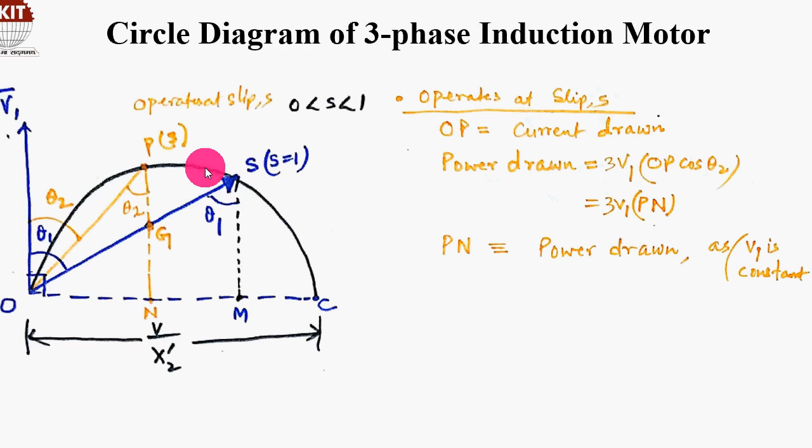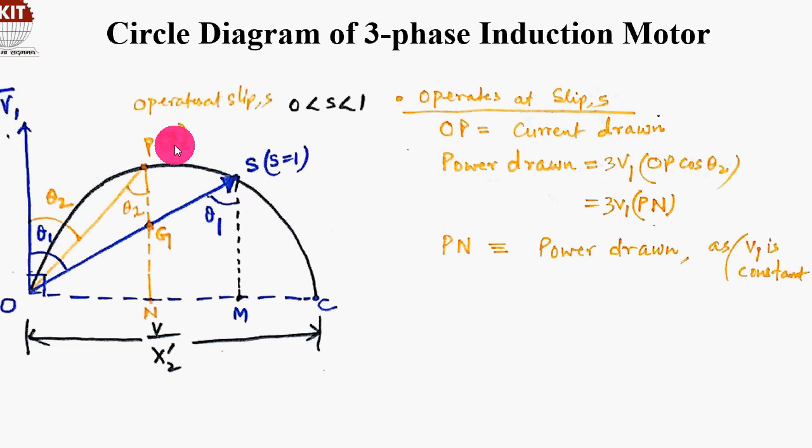I want to estimate the copper losses when the motor operates at any general slip S. So let it be this point on the circle diagram, represented by P. This length OP represents the magnitude of current taken by the motor at that time, and this theta 2 represents the power factor angle.